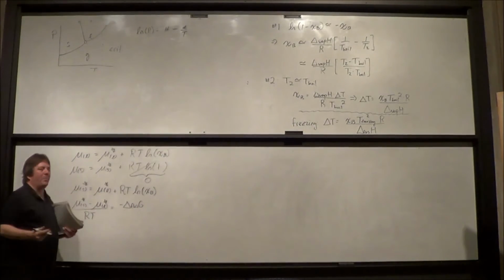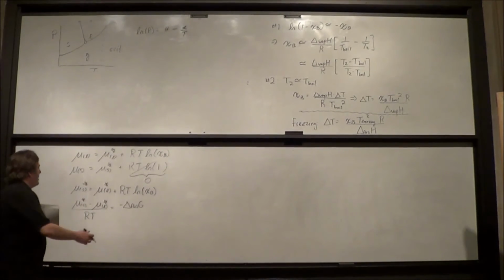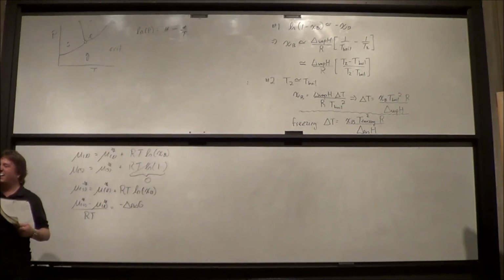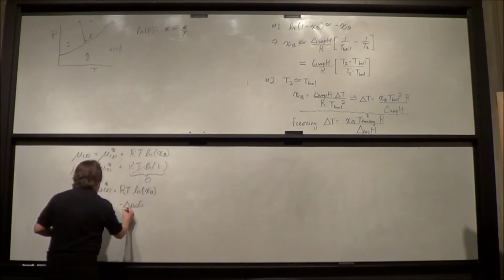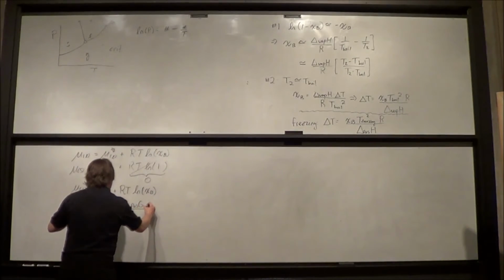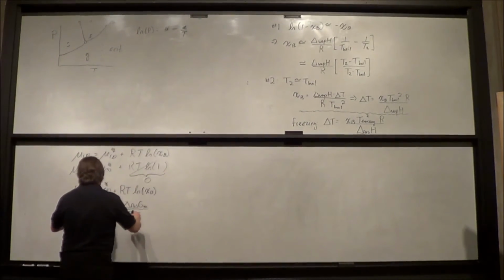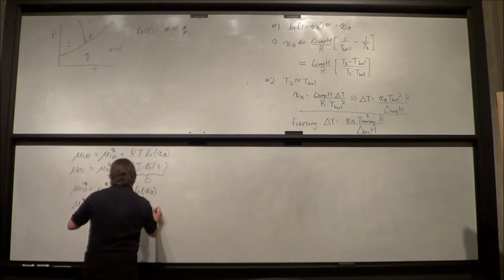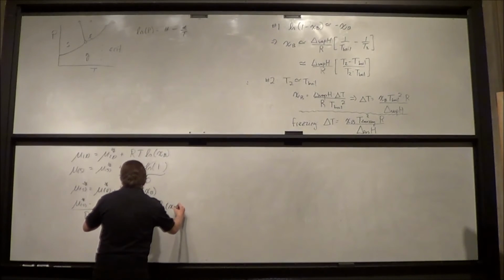Fusion is the opposite of solids melting. So when I plug in delta G of fusion, I actually have to put a minus sign because I'm describing the opposite of what IUPAC has defined fusion to be. Per mole, because it's chemical potential. They're the same thing. And then that is ln of the mole fraction of B.